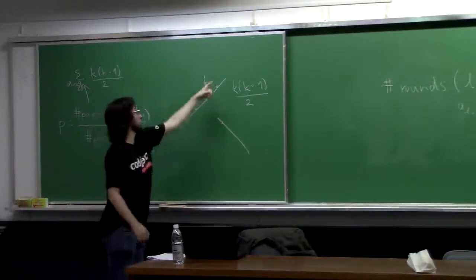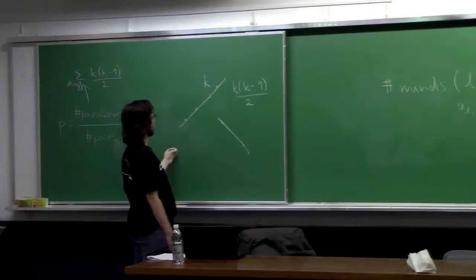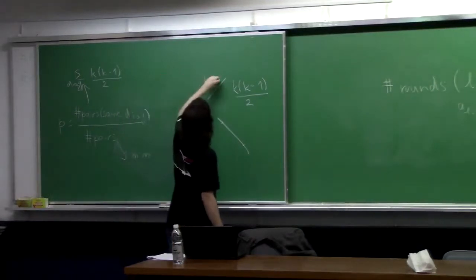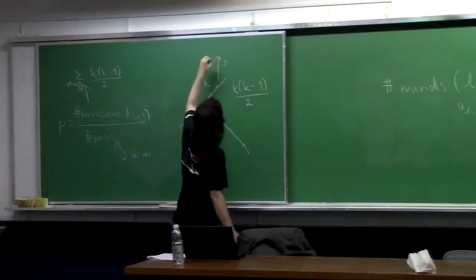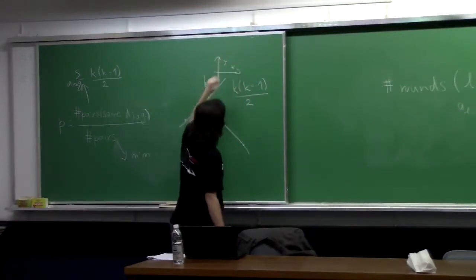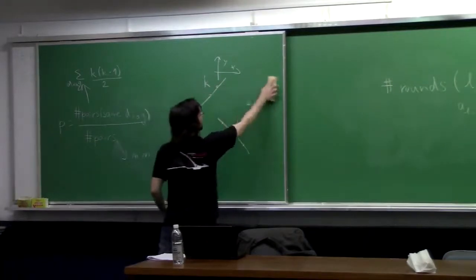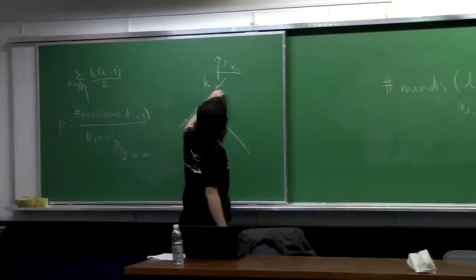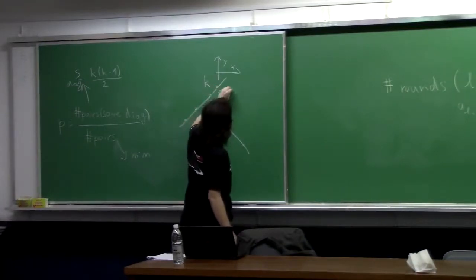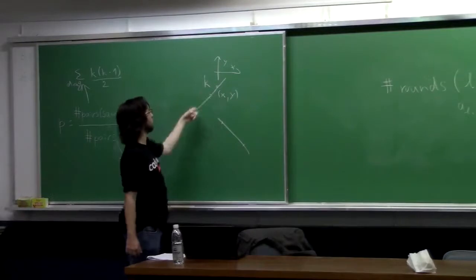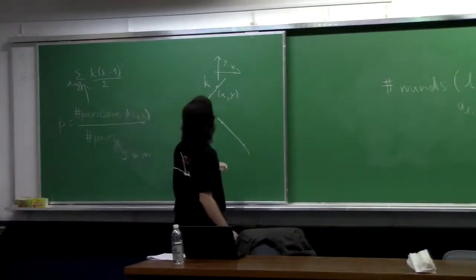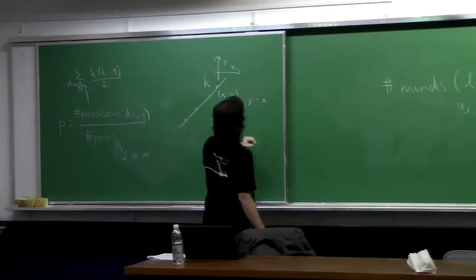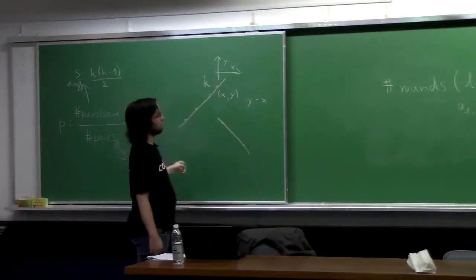The diagonal on which a point appears is given by, if this is the y coordinate and this is the x coordinate, and this is a point xy, then all the points on this diagonal will have y minus x equal to some constant, the same for all those points.